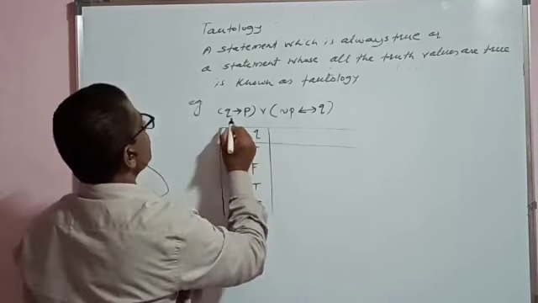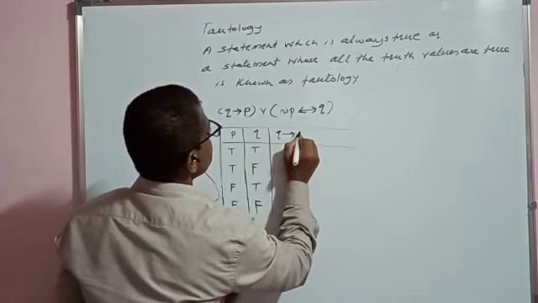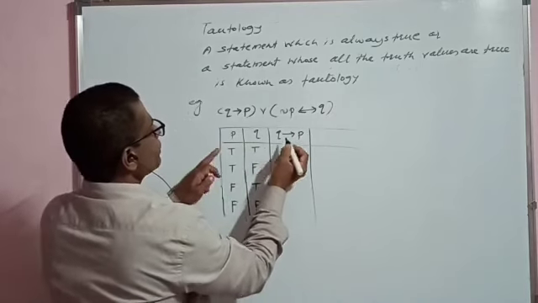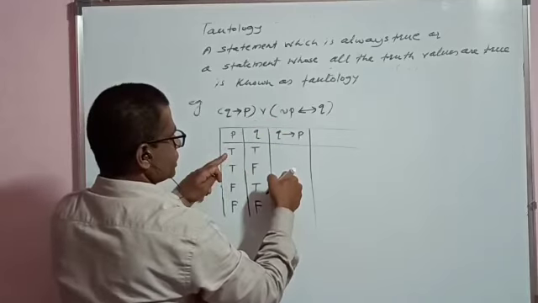Then in between Q and P, the conditional is there, Q conditional P. So you have to see the truth values from Q to P. The conditional is false if the first is true and the second is false, and in all other cases it is true.